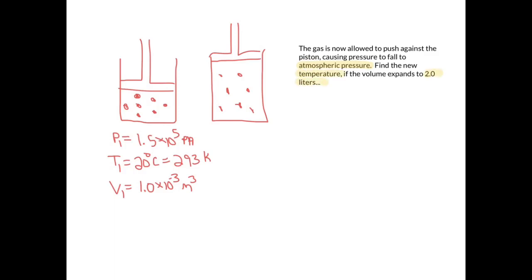We're going to allow the piston to expand to atmospheric pressure. We want to find the new temperature if the volume expands to 2 liters. Pressure is force over area, which is why we say newtons per meter squared. In the beginning, we had a force on the piston. The force was causing that relatively high pressure on the gas.